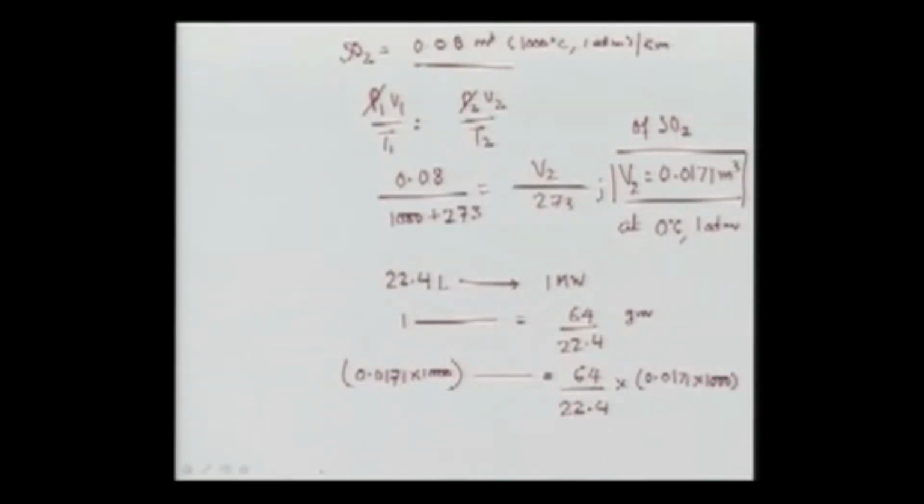Okay, so this is the mass of SO2. I'll do the calculation for you. Into 1000 multiplied by 64 divided by 22.4. Okay, this came out to be about 49 grams of SO2.